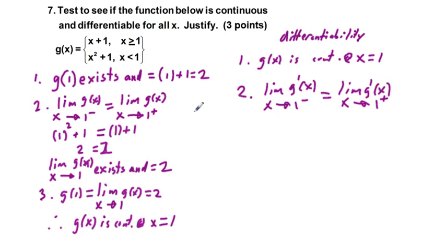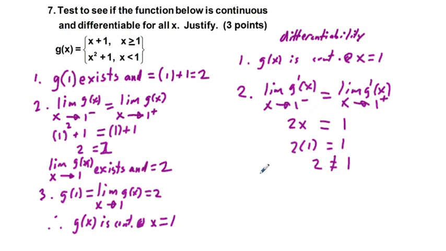From the left side, we have this x squared plus 1, so g prime of x is going to be 2x. On the right side, we have x plus 1, and the derivative of x plus 1 is 1. Now we plug in 1 to both sides. We have 2 times 1 is equal to 1? 2 is equal to 1?